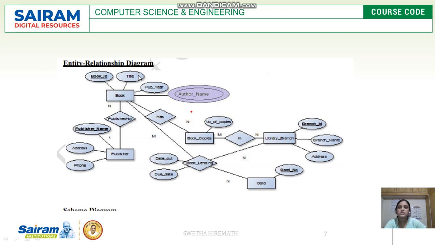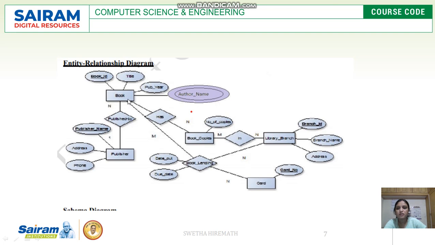So first, this is the entity relationship diagram. For each and every program or experiment, we have to draw this ER diagram. ER diagram is the entity relationship diagram. So whatever tables are there, we can represent them according to the symbols in this ER diagram.